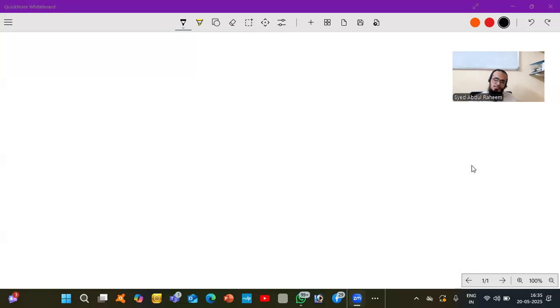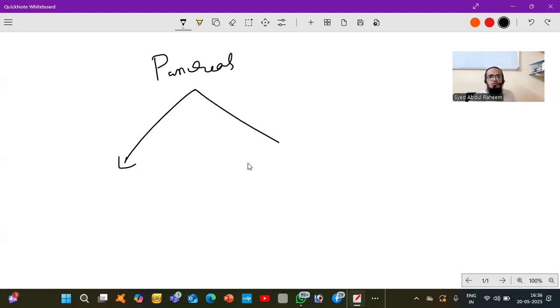So, what are the diseases and what are the scans to be advised to the patient? Basically, the pancreas, we all know, is a gland that works as both endocrine and exocrine.